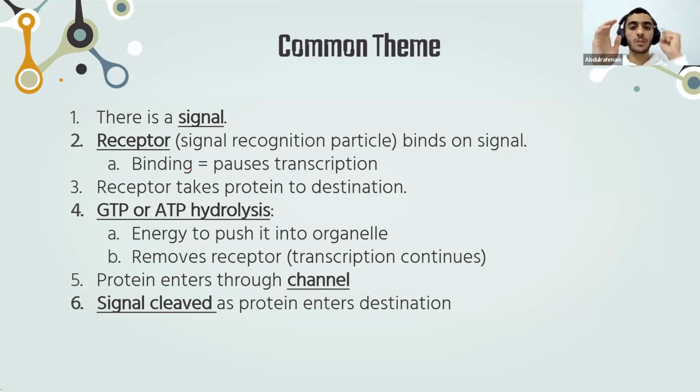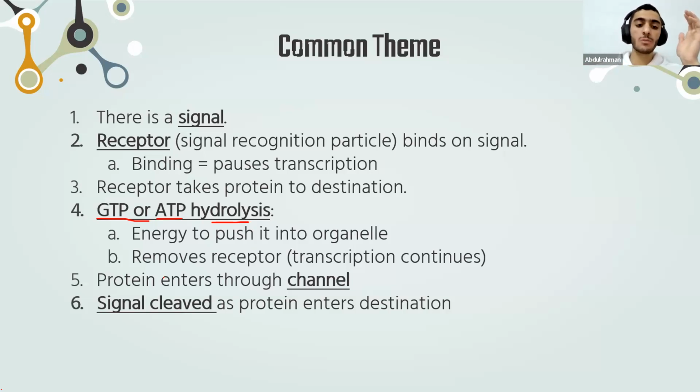And now, in order to send it inside into the destination, you'll need energy because you're pushing it. So pushing needs energy. And this energy is gained by GTP or ATP breakdown, or hydrolysis. Once you break down ATP, this does two things. It pushes the protein inside the cell and it gets rid of the receptor so that the receptor can go back into the blood or to the cytoplasm.